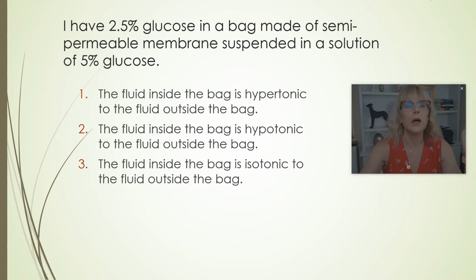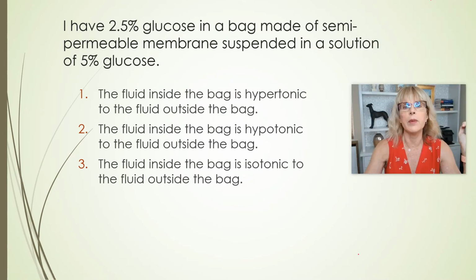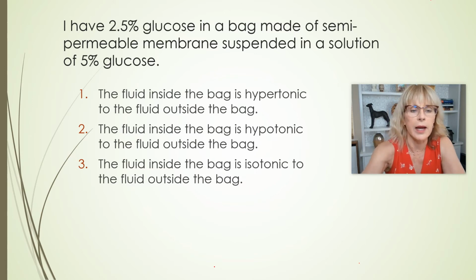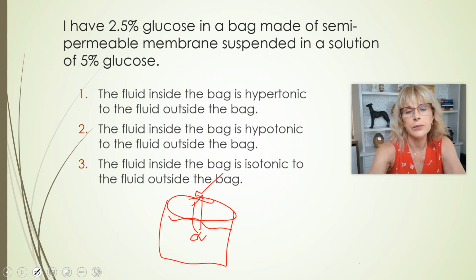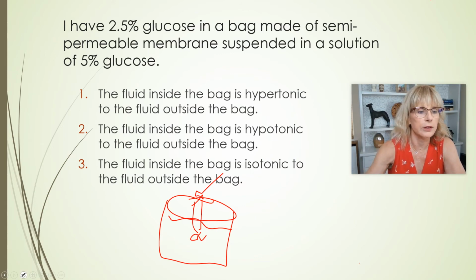Let's see. Okay, I have a semi-permeable membrane with 2.5% glucose. 2.5% glucose is in a bag made of semi-permeable membrane and suspended in a solution of 5% glucose. Okay, so we've got inside the bag. I better change my pen color.